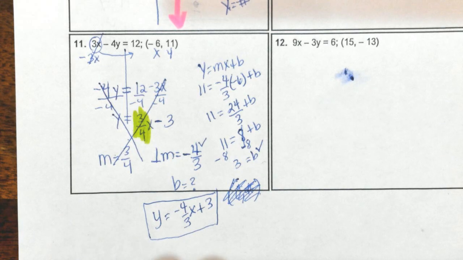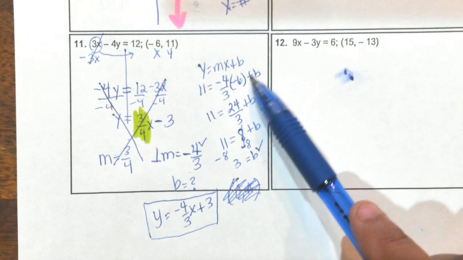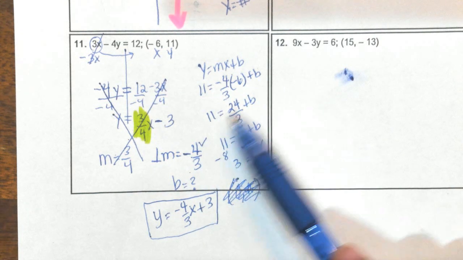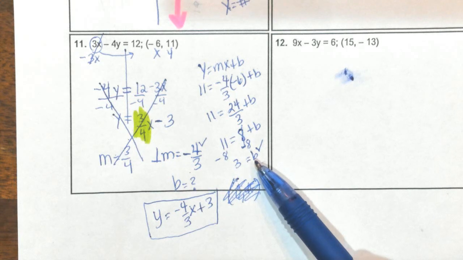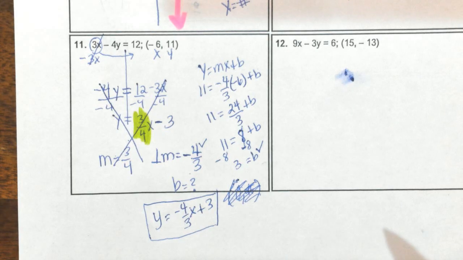Change sign and flip for perpendicular. Once you get your perpendicular slope, you can plug it back into your y equals mx plus b by using a point. Okay? Plug it in and you got your answer. Y-intercept is 3. And that's your equation. Y equals negative 4/3 x plus 3.